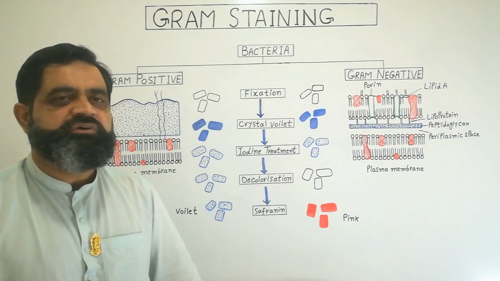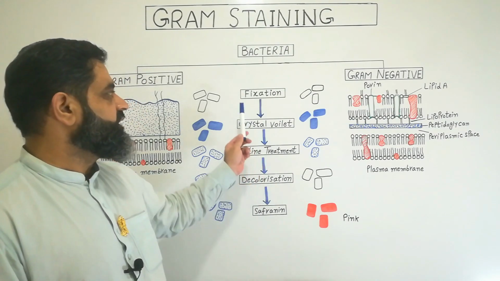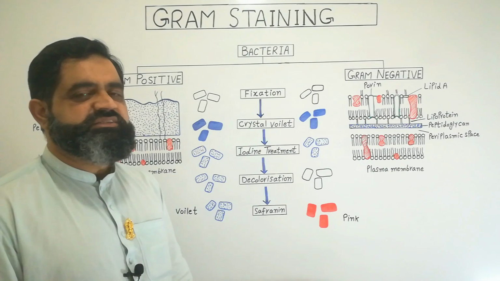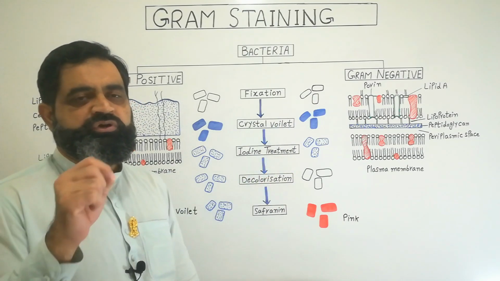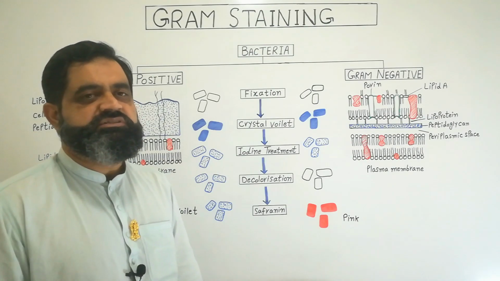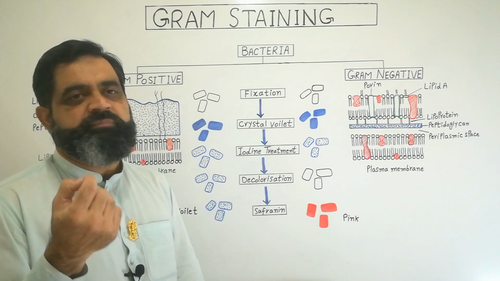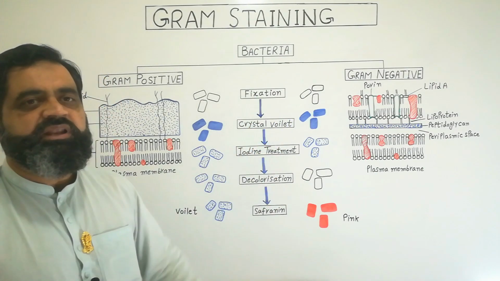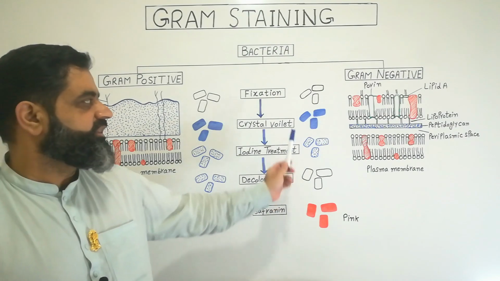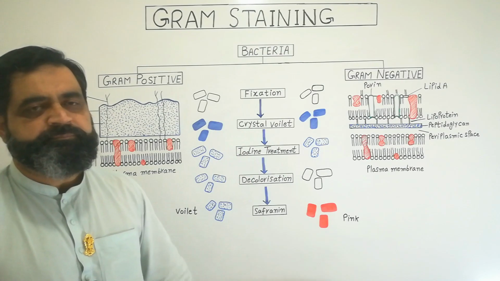The next step of gram staining is adding a dye known as crystal violet, which is purple in color. We put a drop of crystal violet on both slides which contain bacteria. Both groups of bacteria will absorb this dye and become purple or violet, as you can see in this diagram.